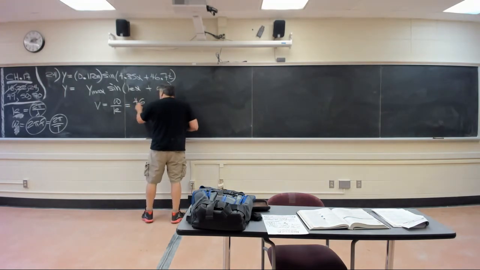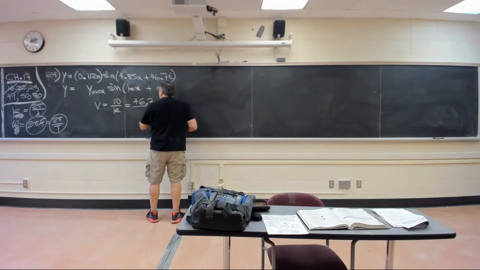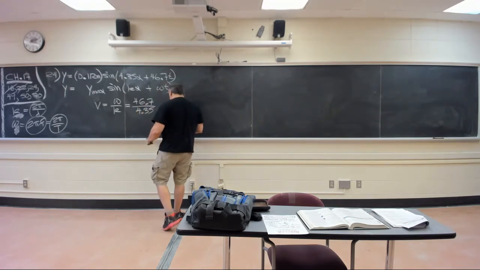Omega is 46.7. Take a look at it. That's omega. It's right there. It lines up with this. Omega is 46.7. K is 4.35. It's going to be a pretty big number.